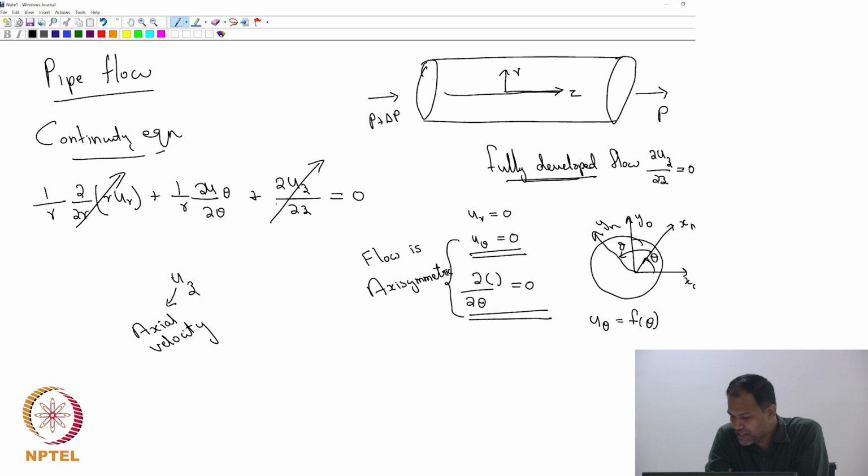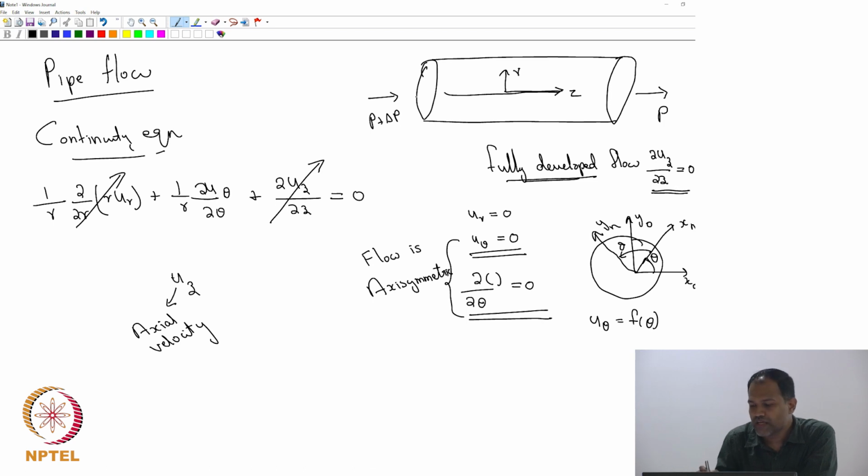What is that? Axisymmetric flow is a fully developed flow. Accelerating flow is not a fully developed flow because it's changing in space. By definition, if uz is changing with z, then it's not called fully developed flow.